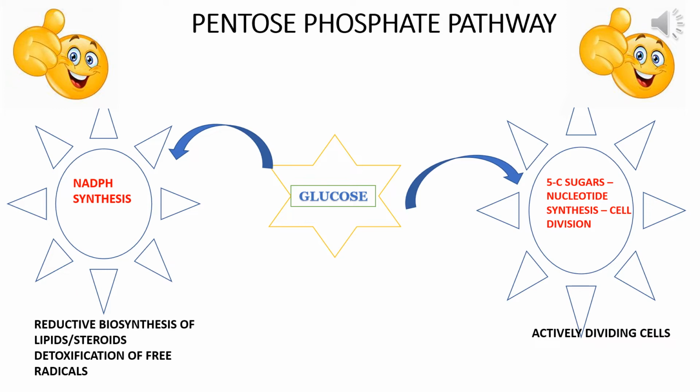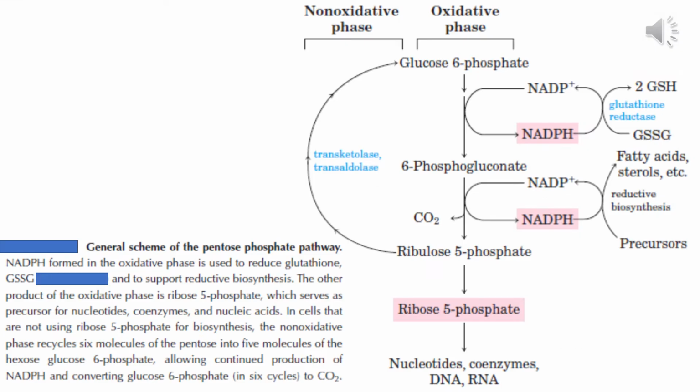This pathway is not meant for the production of ATP, but it involves interconversion of different sugars ranging from 3 carbon atom sugars to 7 carbon sugars. This pathway may conveniently be divided into two phases: oxidative phase and non-oxidative phase.